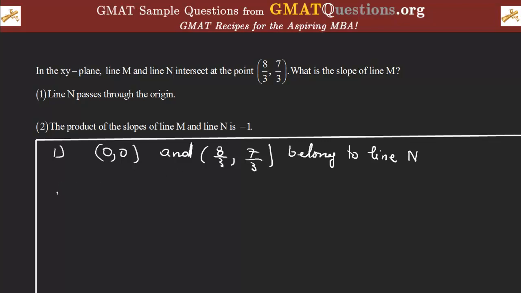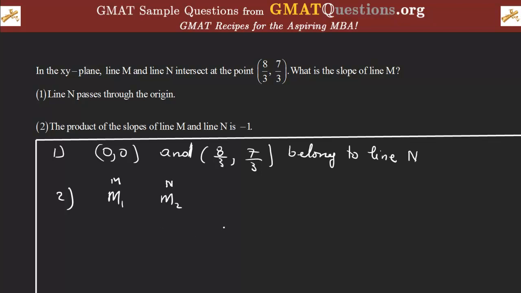Number 2, we are told that the product of the slopes of line M and line N is -1. Let's call the slope of line M, M1, and the slope of line N, M2.